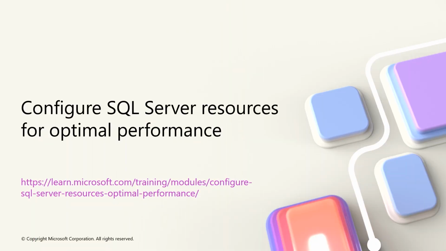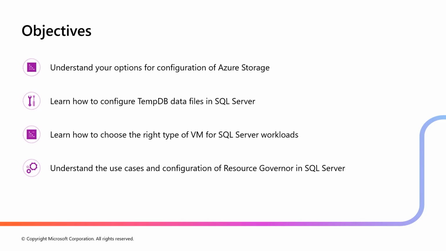Welcome to our section on how to configure SQL Server resources for optimal performance. One of the challenges administrators face in the cloud is balancing costs with performance. Both Azure and SQL Server provide many options for configuration to meet the needs of small and large workloads.